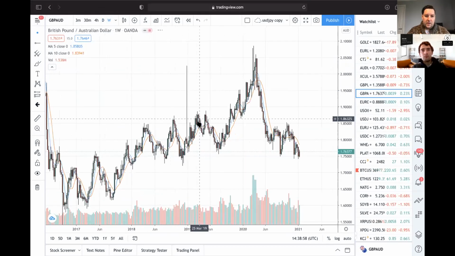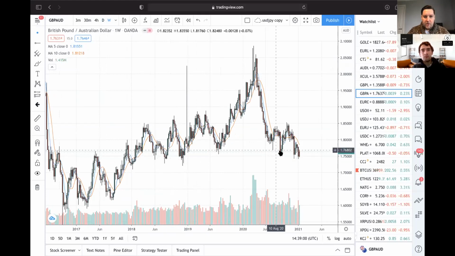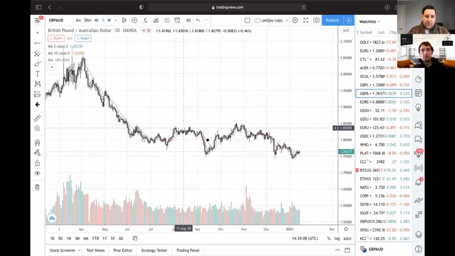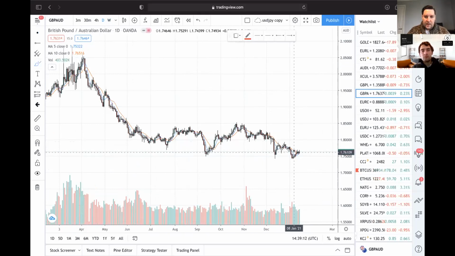We are at that weekly support, so we could either break through and carry on down to touch these levels here from 2016, or you could be looking for just a turnaround in this daily and then trying to hit your buys when that happens.